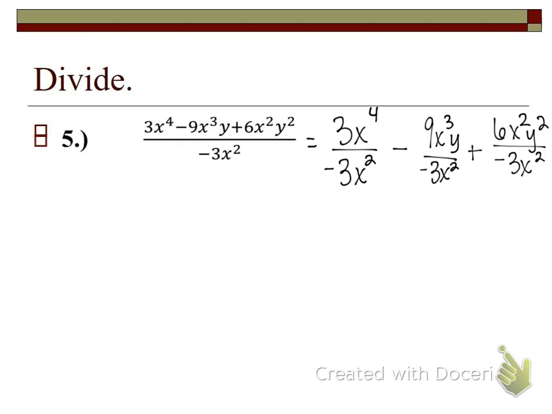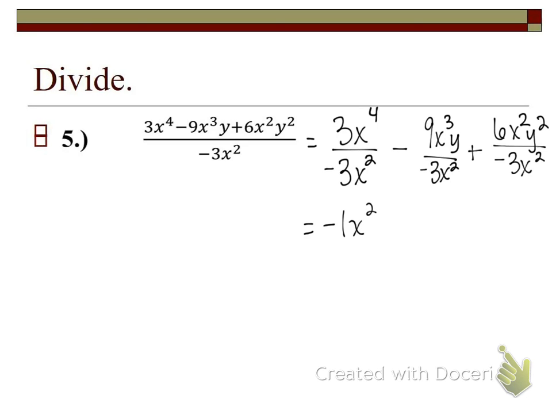Okay, 3 divided by negative 3. You have a positive divided by a negative. It becomes negative. So negative 1 x to the second. Do we have questions about that term?